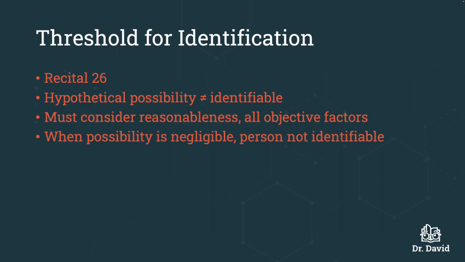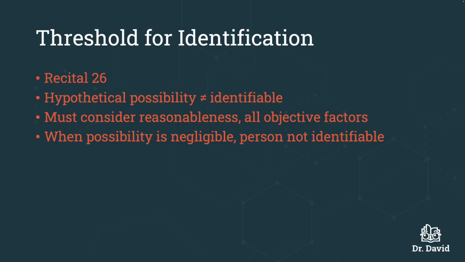And so do or don't we have any bright lines here that can help us when we're actually doing the work of trying to determine whether or not a piece of data is identifiable data or not? Well, there is a useful recital in the GDPR to help with this, and it's Recital 26.